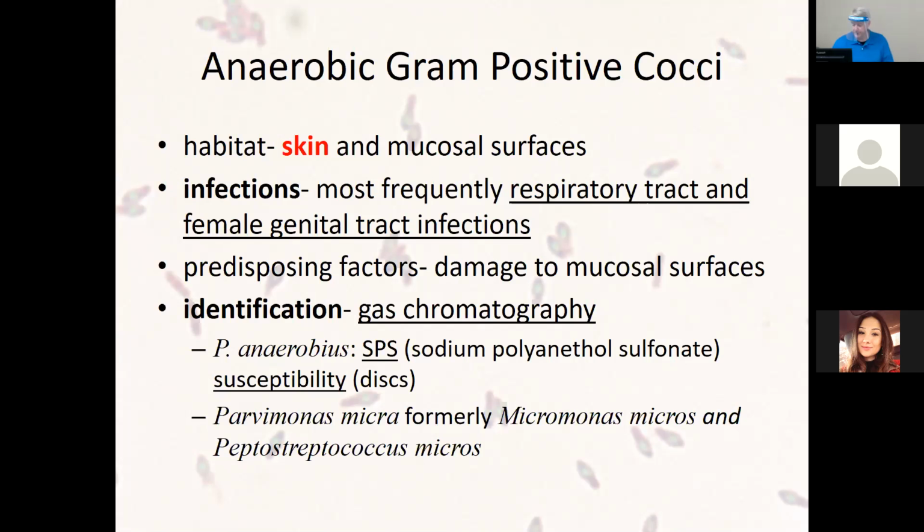I don't think we've introduced it yet. That's why I came back to it. I found Anaerococcus, but not.